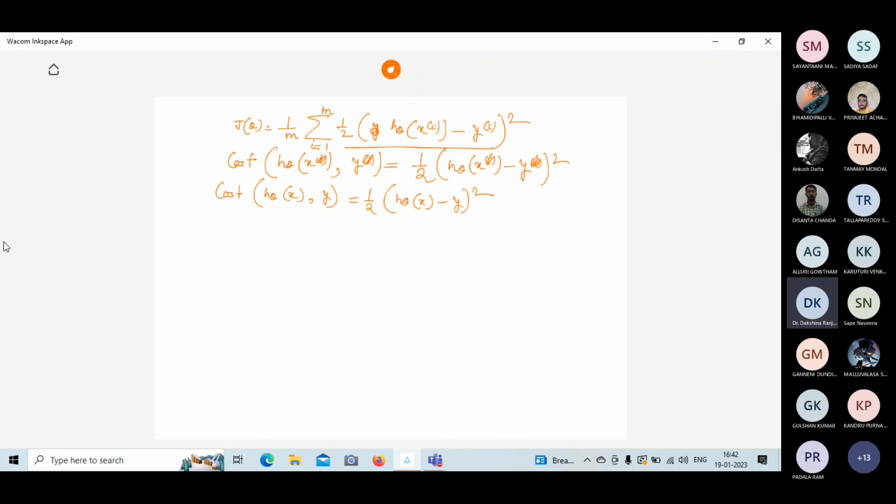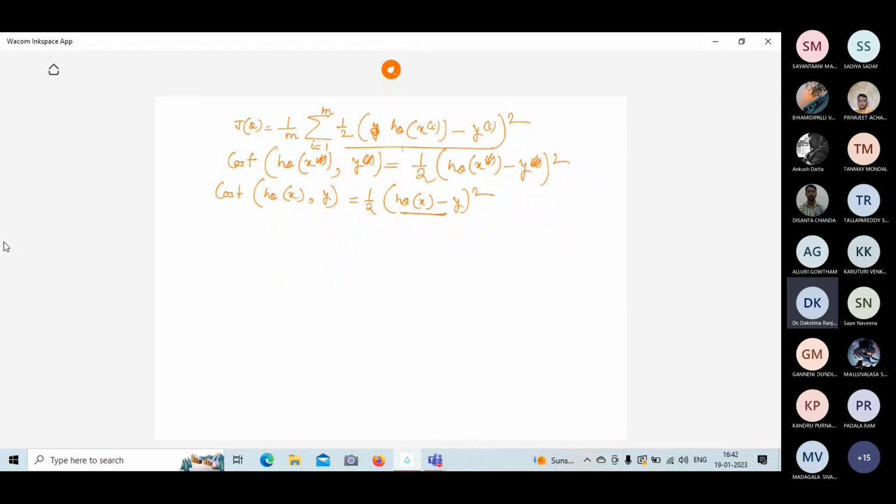Now what actually we are doing, we get the value of this half of this deviation square, and then we feed this value into the cost function j theta and get the summation over m training examples.